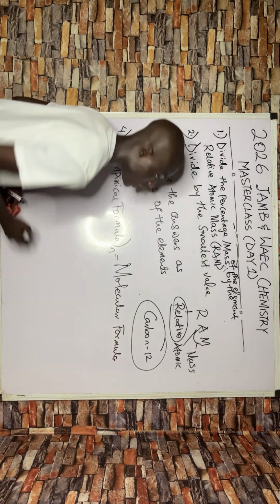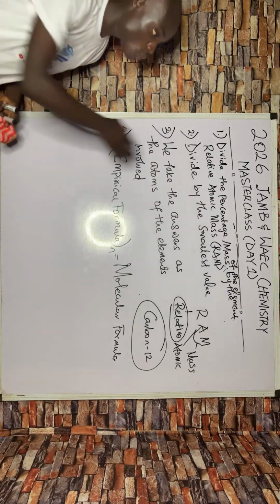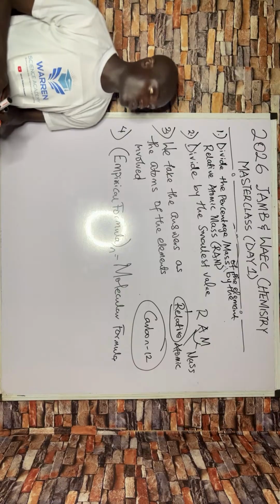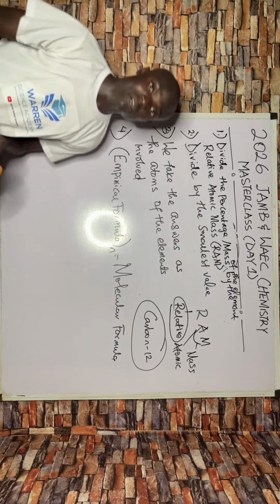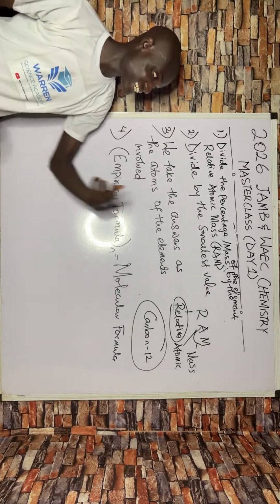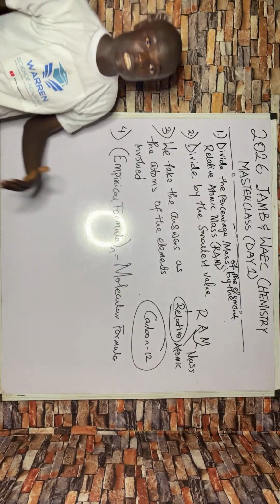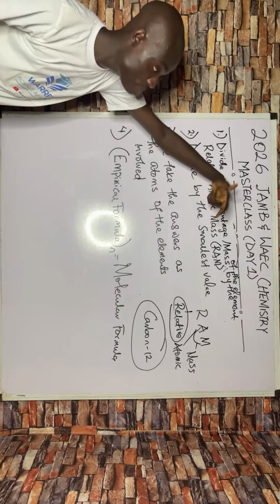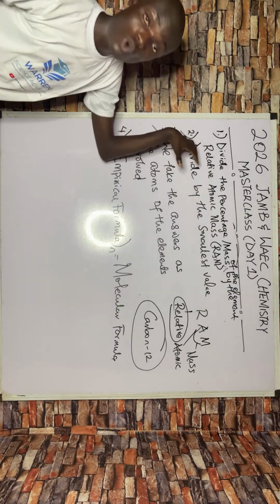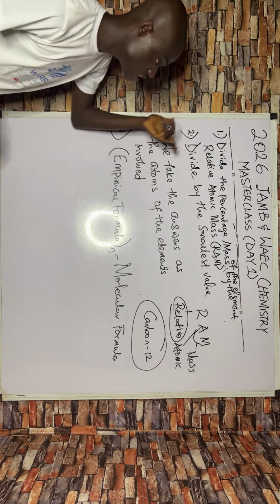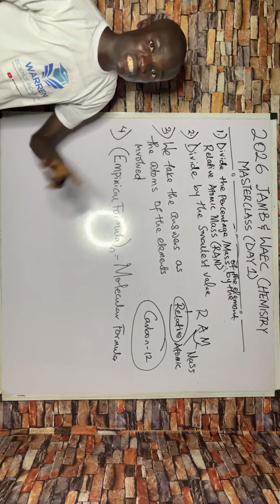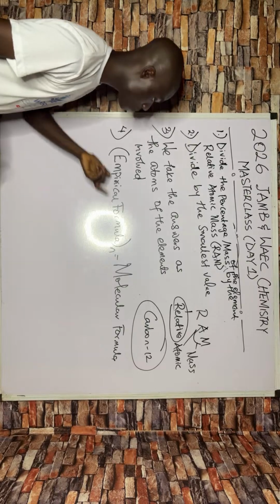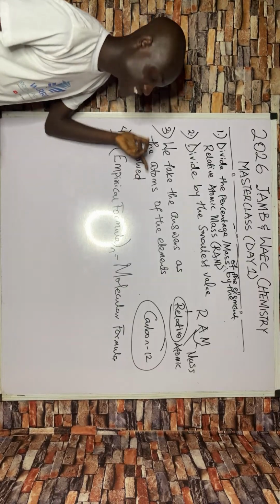So we are going to use these steps to answer some chemistry Jamb questions. So I will take the Jamb chemistry past questions, and then we'll answer them based on the steps. Now the steps are simple. We are going to divide the percentage or the mass of the element by the relative atomic mass. Secondly, we are going to divide by the smallest value, and then whatever answer we get after that division forms our atoms.